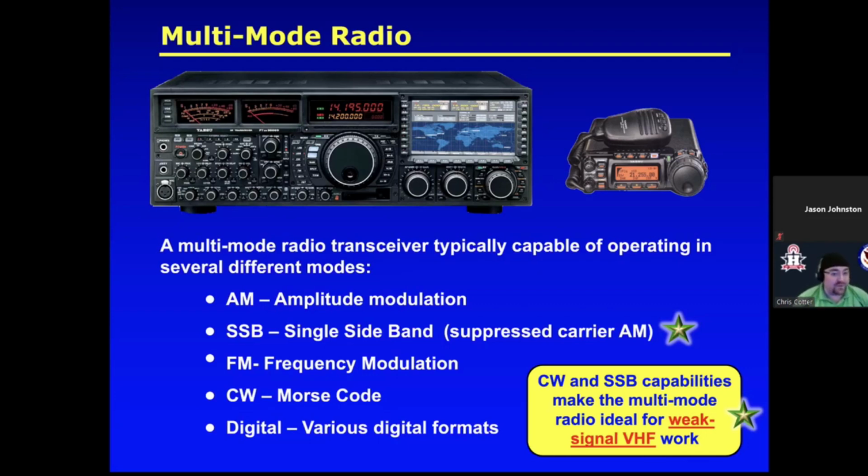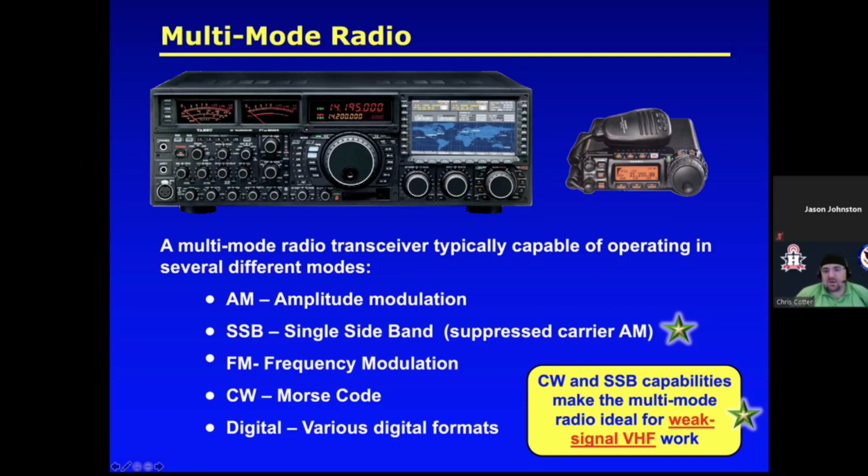So a modern radio that you can buy will typically be what's called a multi-mode radio. Now, this beast on the screen right now has a lot of knobs, so it's going to be very expensive. But if you can see my mouse, there's different modes: lower sideband, upper sideband, Morse code, AM, FM, RTTY, and then packet. And over here, there's more.